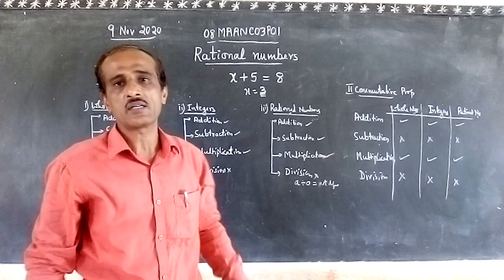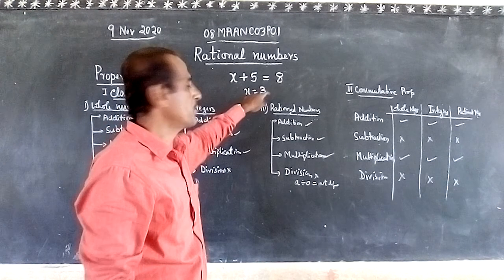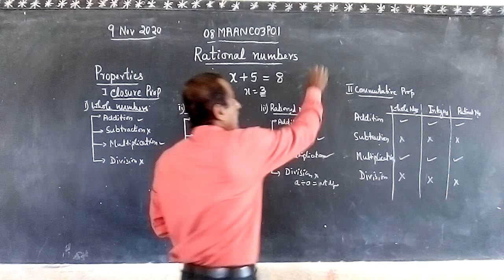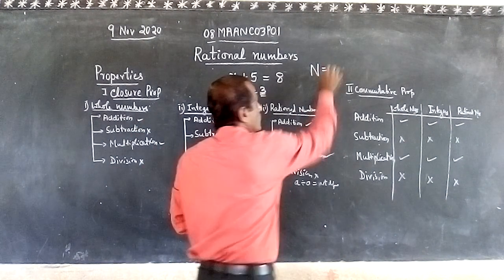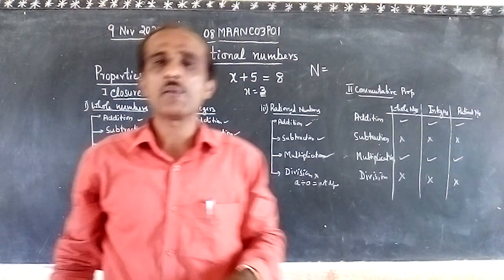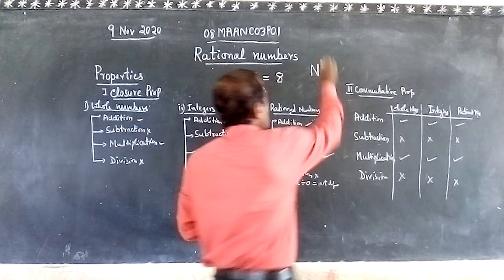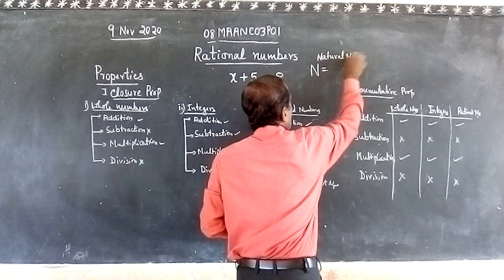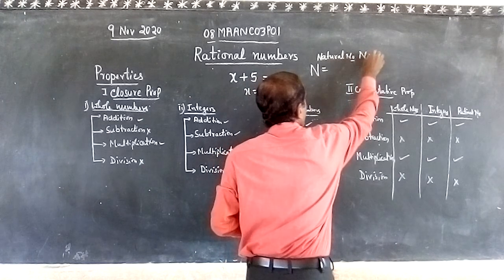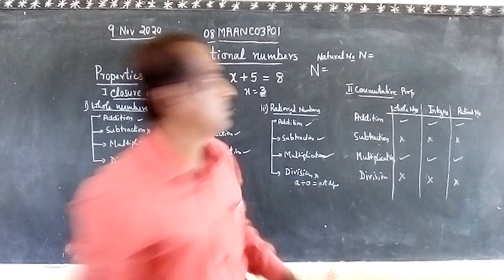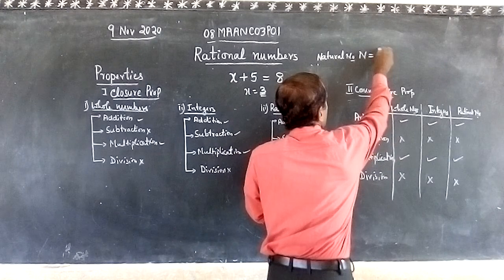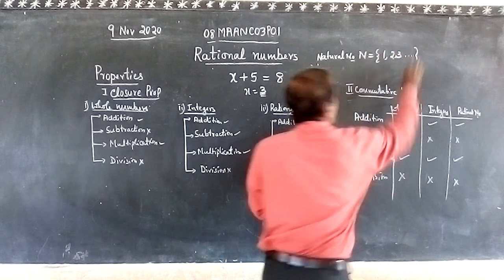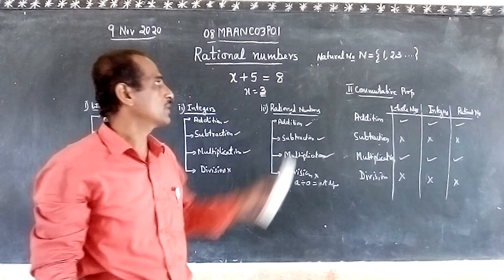See, these numbers are positive numbers. These numbers are called natural numbers. What do you mean by natural number? It is represented by the symbol N. The set of natural numbers starts from 1, 2, 3, 4, 5, like this, and it continues.